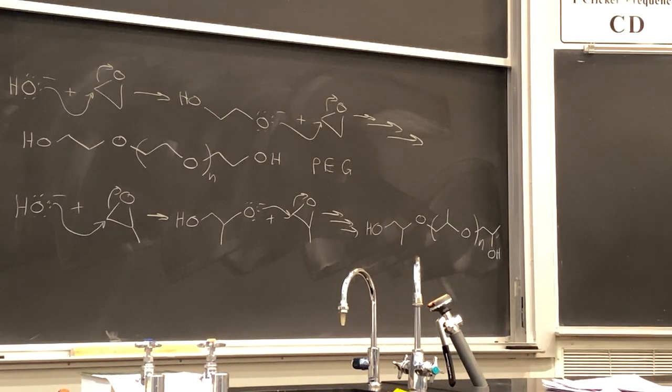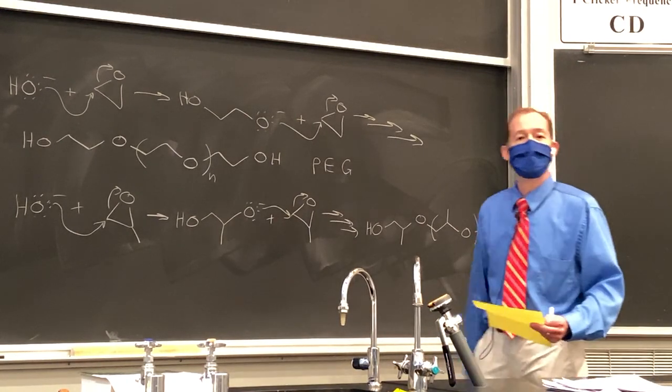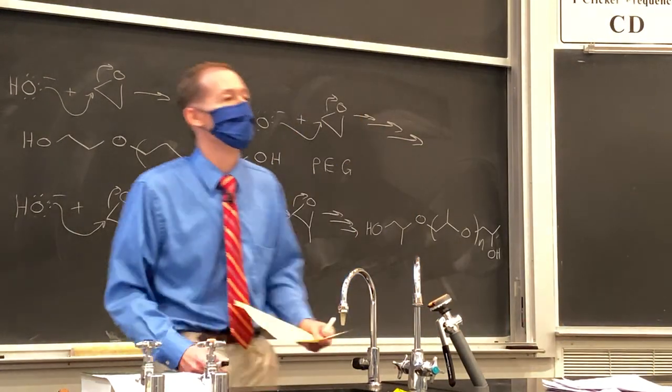So this would be a relative of polyethylene glycol that would have methyl branches coming off. It's going to have a 3:1 ratio of carbon to oxygen, so it would be less soluble, but you could tune the solubility properties of these polymers based on the type of epoxide that you use as your monomer. Okay? Any questions about anionic polymerization of epoxides?